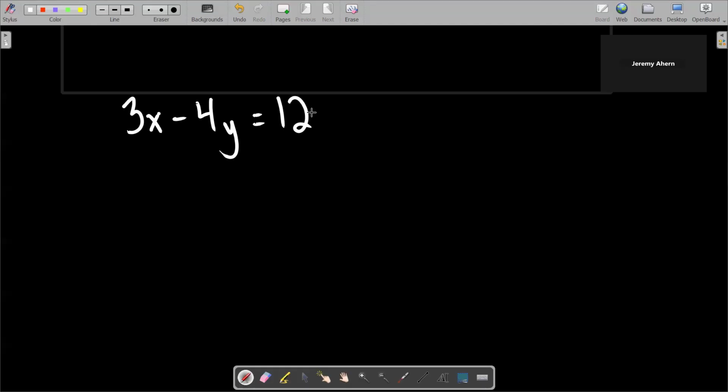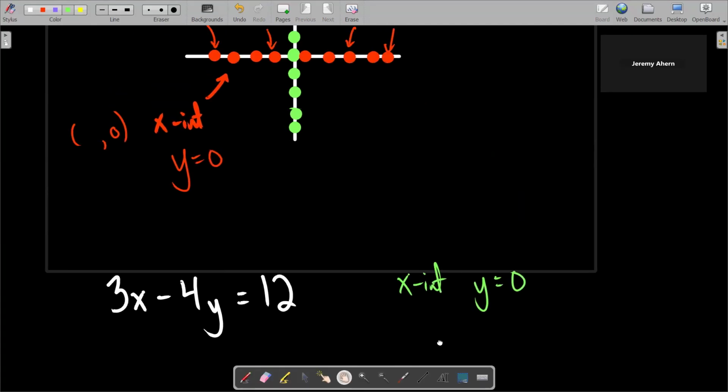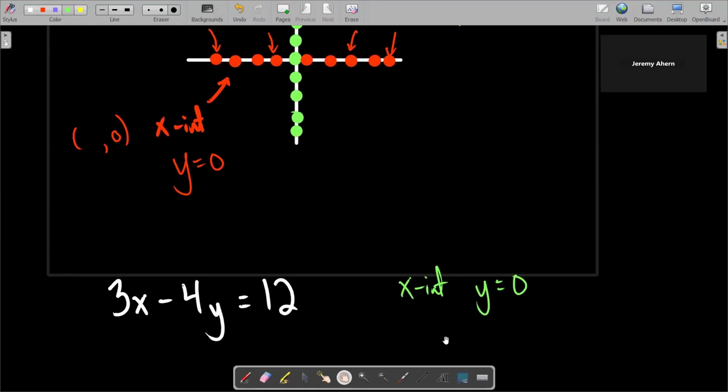Now, you and I just talked a few minutes ago, and we all agreed that to find an x-intercept, what has to be true? What is true about an x-intercept? Thank you, Brandon. And that was the purpose of this portion of the lesson, was to show you that if you're on the x-axis, your y is 0.